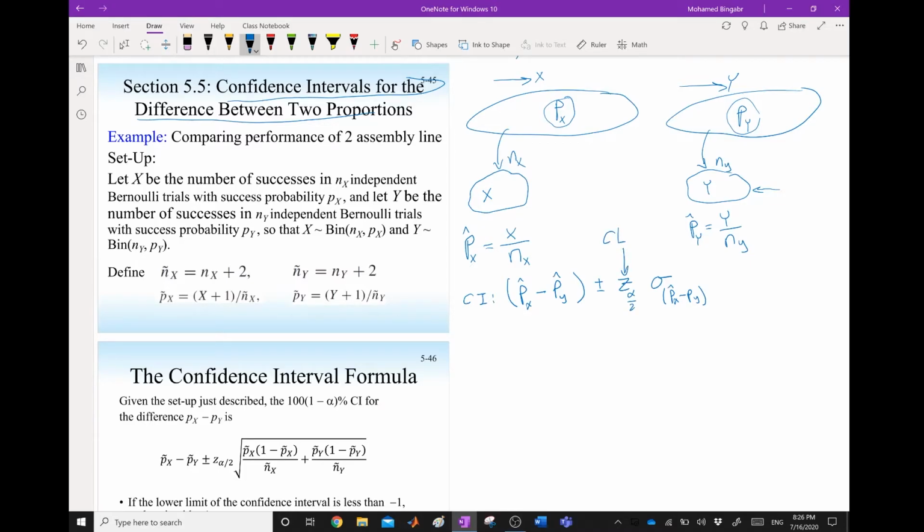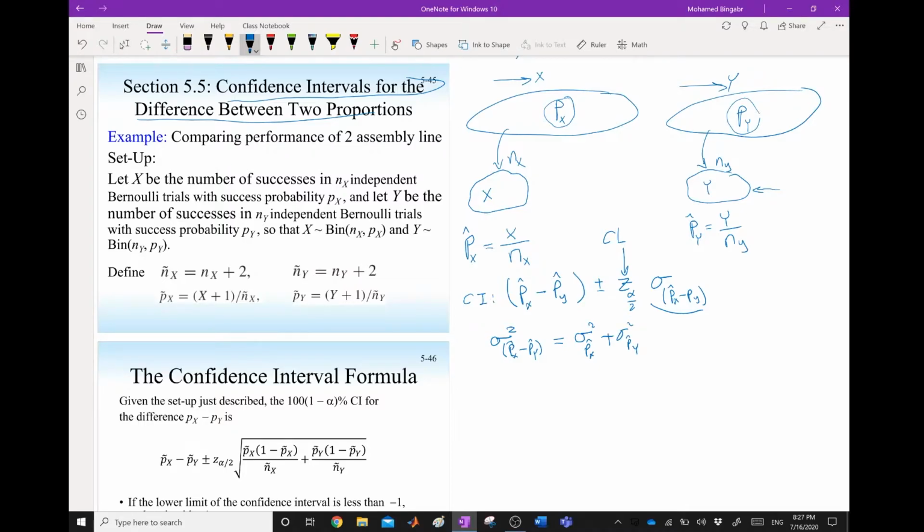Now, if I try to find the standard deviation of this quantity, let's find the variance of px hat minus py hat. That will be the variance of px hat plus the variance of py hat.